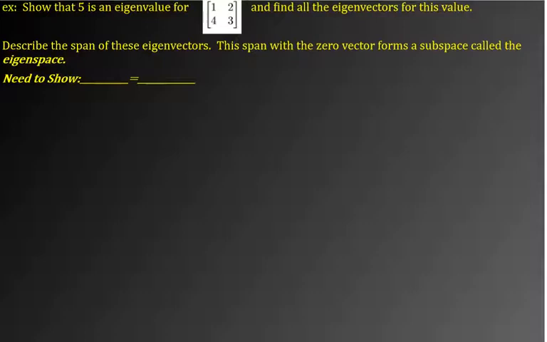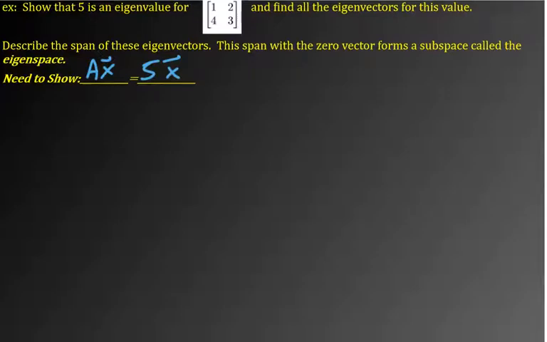All right, so this question just says, show that 5 is an eigenvalue for this matrix, and find all the eigenvectors for this value. So if we do this, I'll say something about this other line in a second, but we basically need to show that A times x equals 5 times x. Find the vectors x that do that, the structure of them.